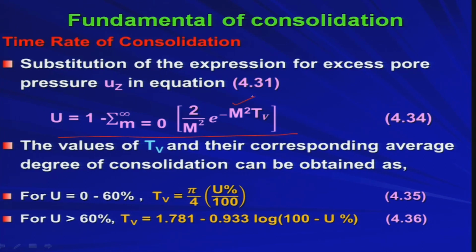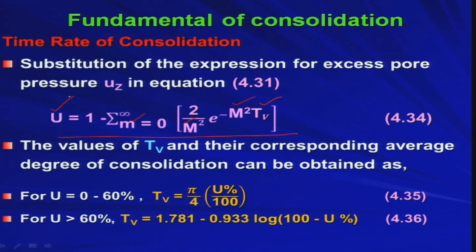These terms capital M, T_v, we have already defined, and small m is already defined, that is some integer. So, if you put all these values, you will be getting the magnitude of the average degree of consolidation at any point of time t.